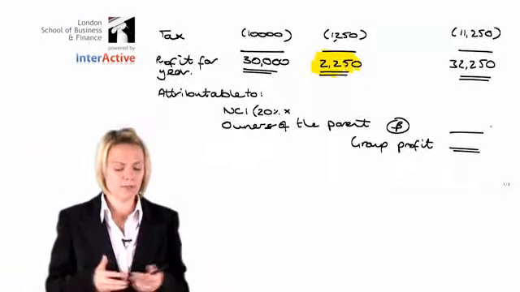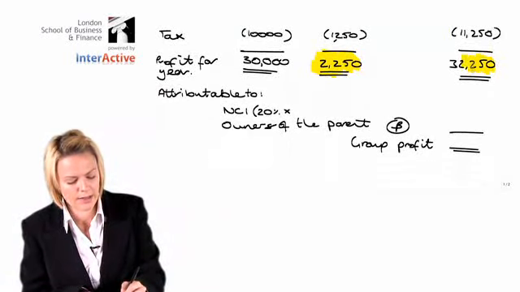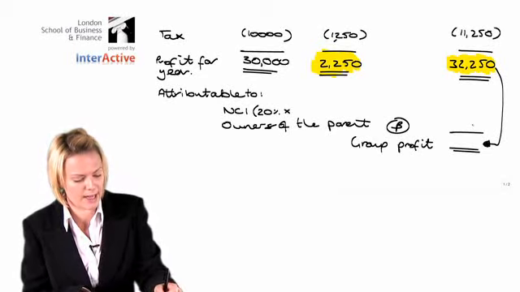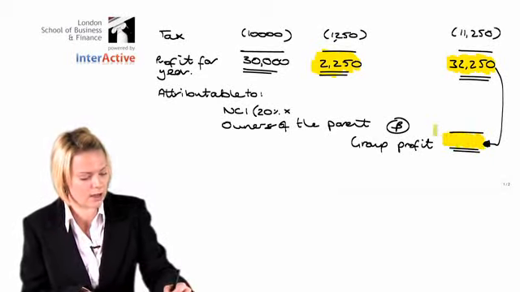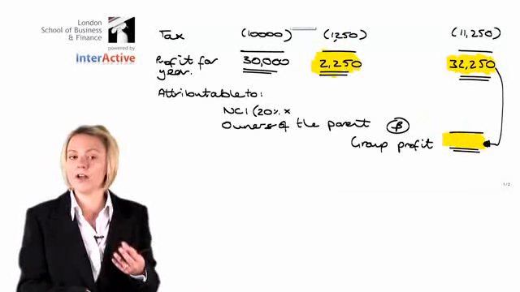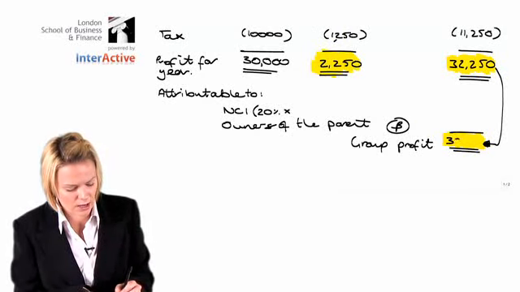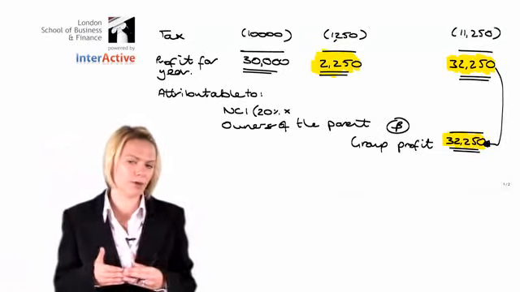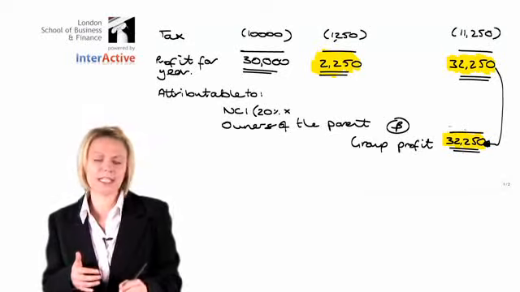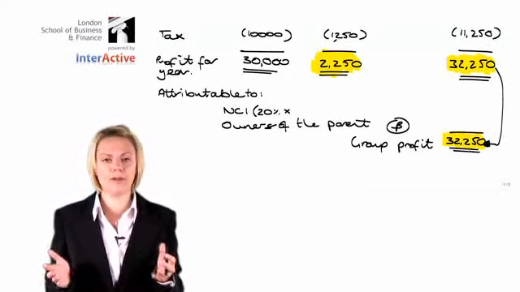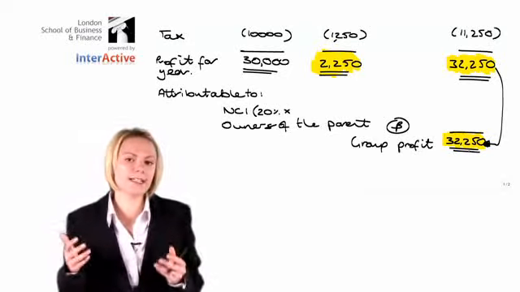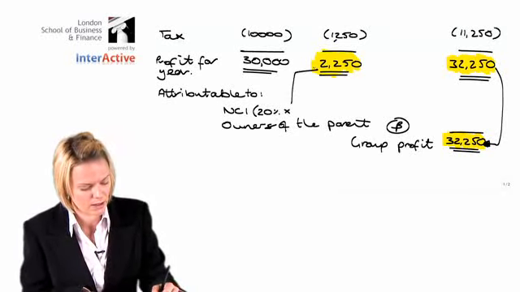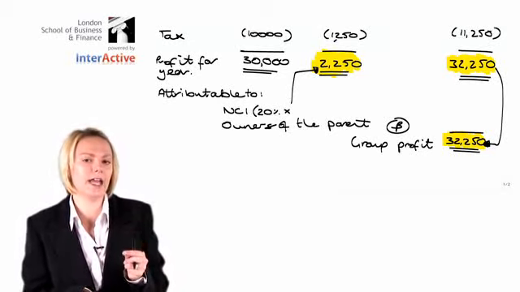Now what we need to do is share that group net profit between the owners of the parent and the NCI. So the first thing we're going to do then is insert 32,250 group profit for the year at the bottom. Now we've got to say who should have that profit. Well, the NCI is going to get their share, 20%, of the subsidiary's profit in the year.